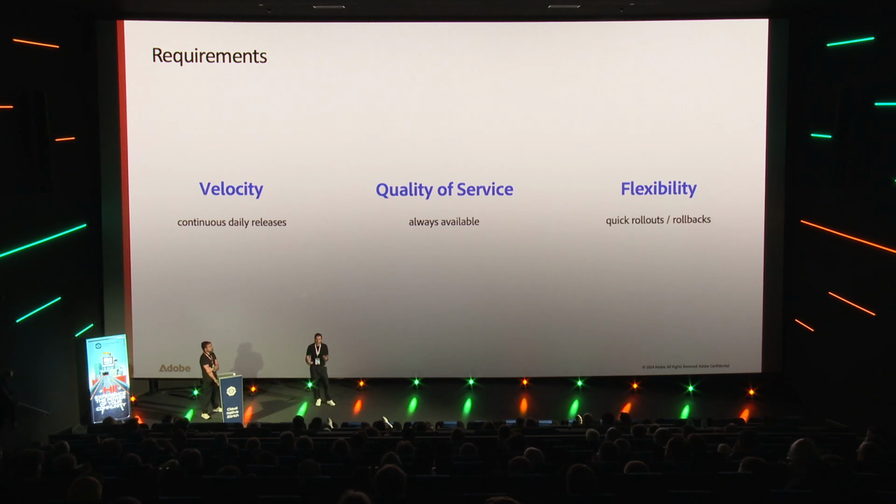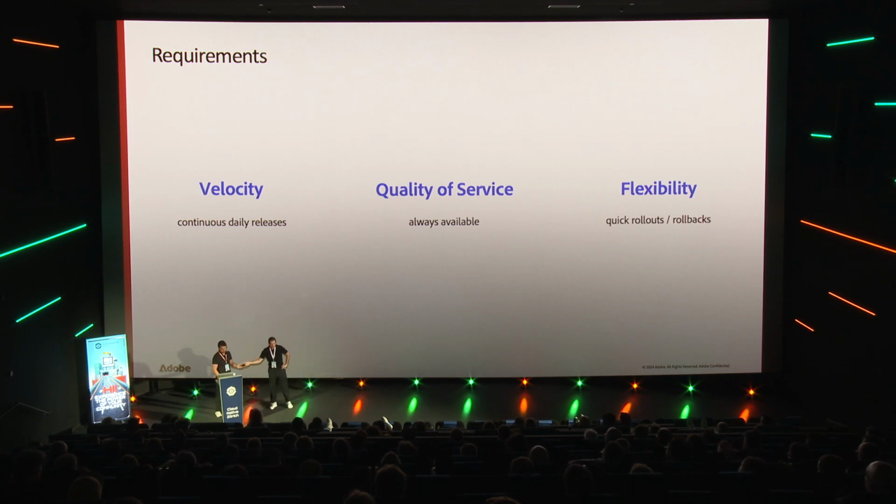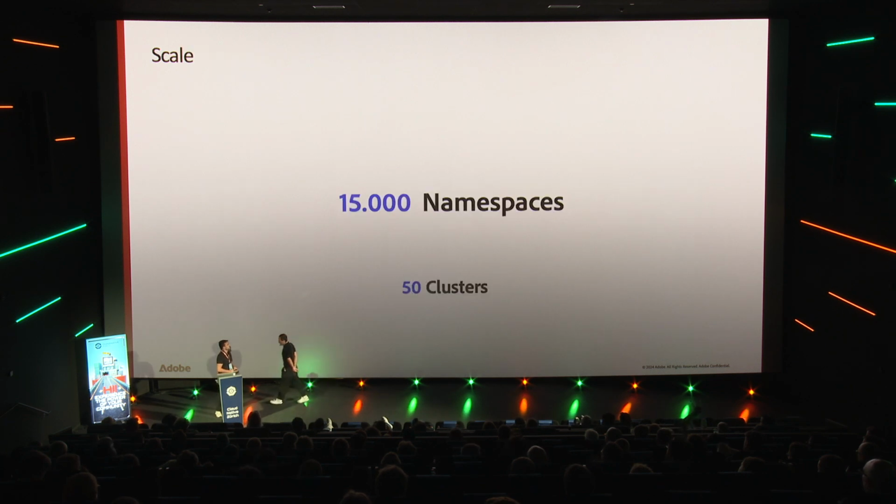And with the scale that we operate in, this becomes a challenge. But anyways, we started with these three ideas, and this was our starting point on what we needed to achieve out of the deployment pipeline. And I will hand it over to José now to actually go through the results first, and then we can dive into what we actually did.